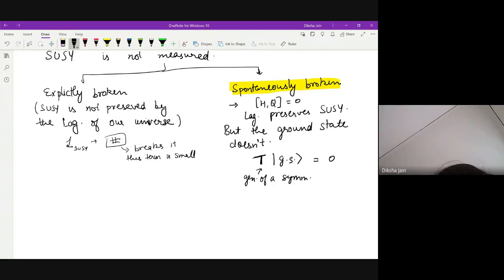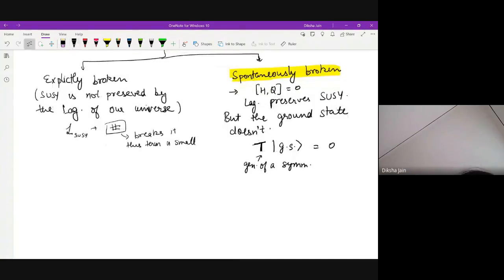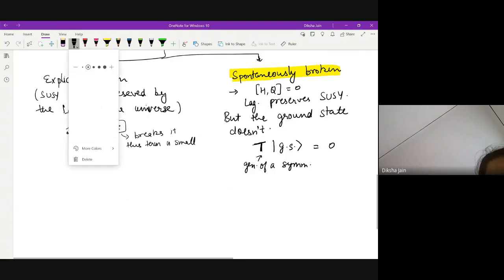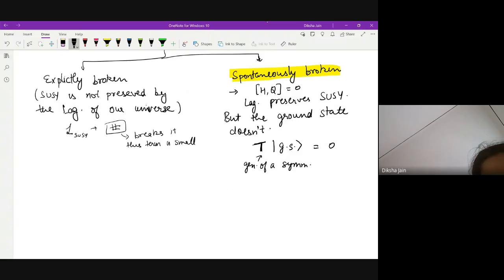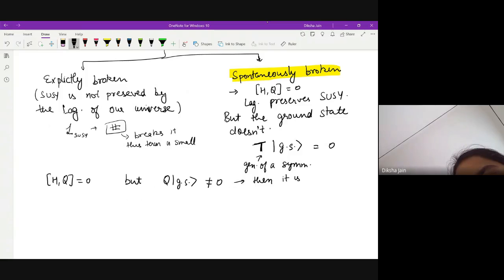This happens in our universe. Actually, in the standard model, the symmetries of the Lagrangian are spontaneously broken by the Higgs mechanism. This is how things get mass. So if you don't know what it means for the symmetry to be spontaneously broken, it's fine. I just wanted to say that if the Hamiltonian preserves SUSY, but Q acting on the ground state is not 0, so it doesn't preserve SUSY, then it is spontaneously broken.